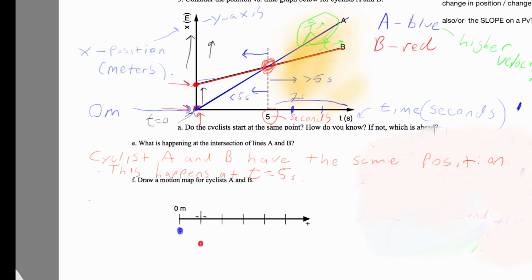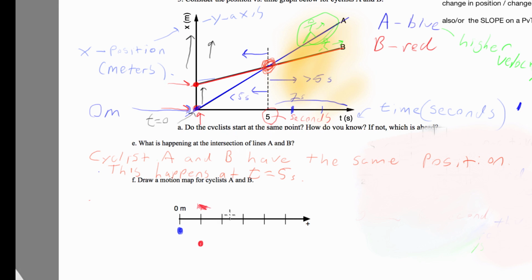Now I see there are ticks here, but I don't know enough information. If I say that's 1 meter, that could be true, but I don't know that, so I'm not going to say that. And do I know that each dot is 1 second? I don't.